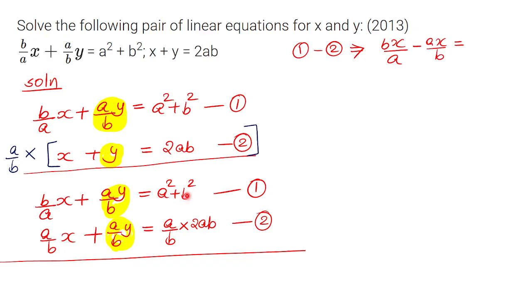Here a square plus b square, these two are cancelled. a square plus b square minus this. What is this? Here you see that b cancelled. This is 2a square.